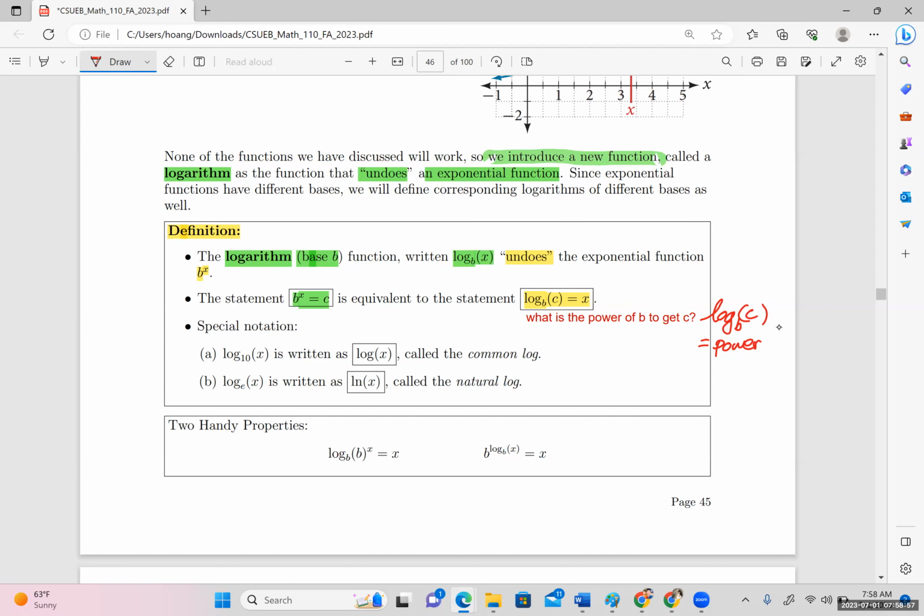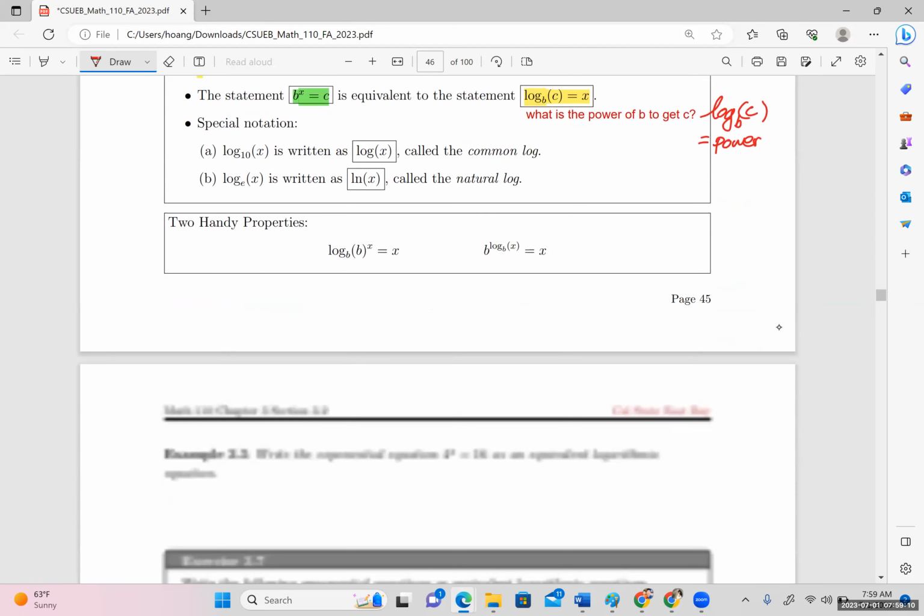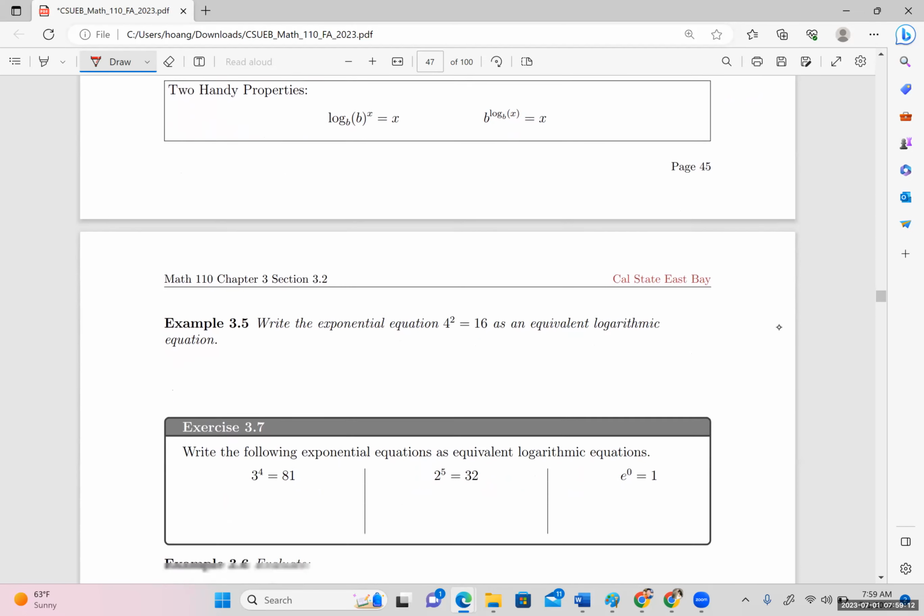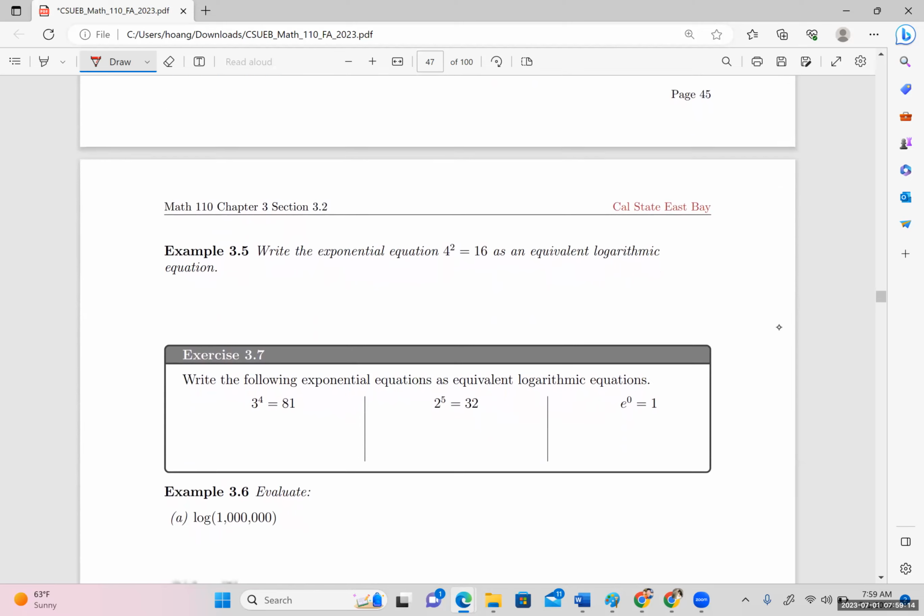Okay, so let's have some special notation, but actually I'm going to talk about that later. I would like to have some examples here.